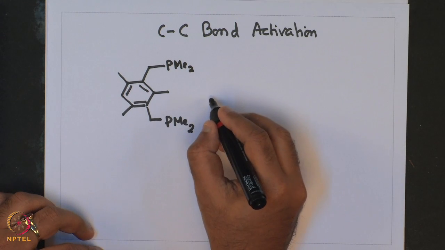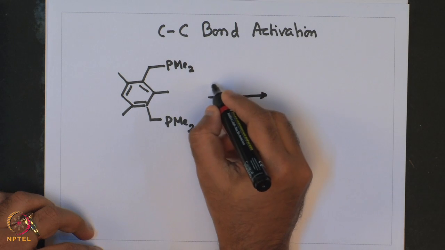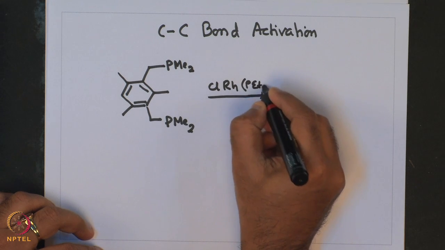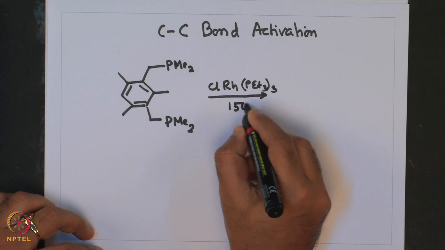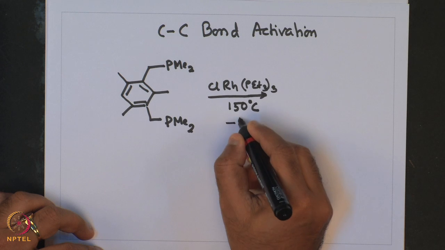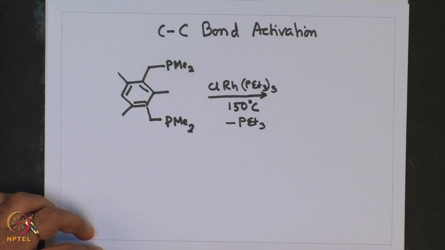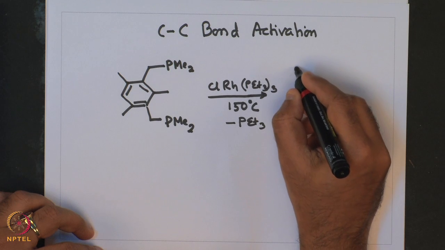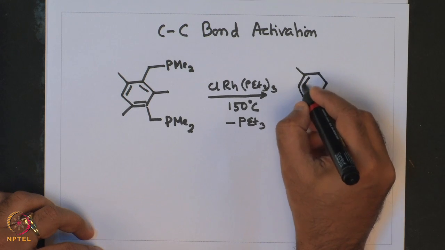This reacts with rhodium chloride PEt3 whole 3 at 150 degree centigrade, resulting in a loss of PEt3 and undergoing a C-C activation, giving the corresponding C-C activated product.